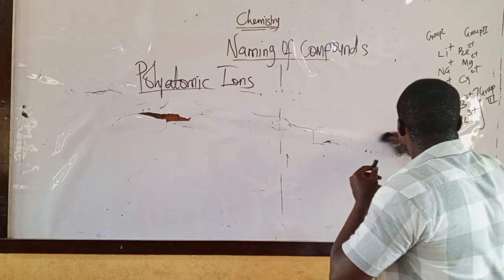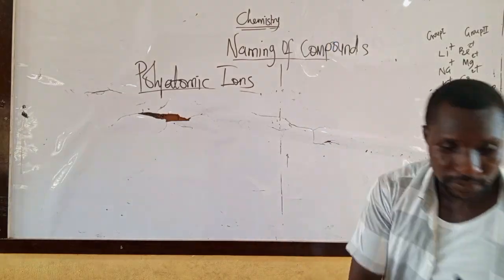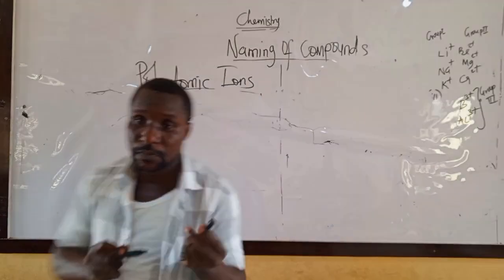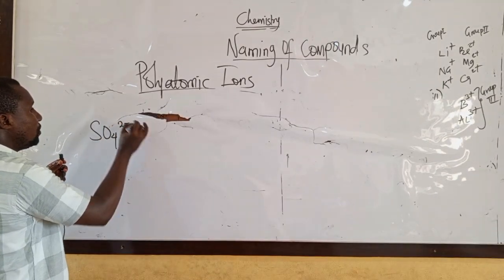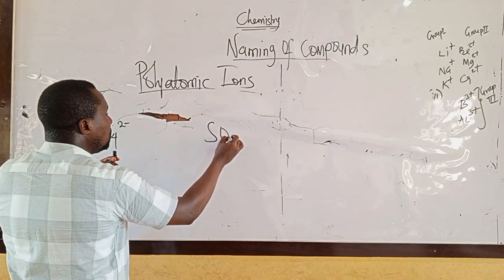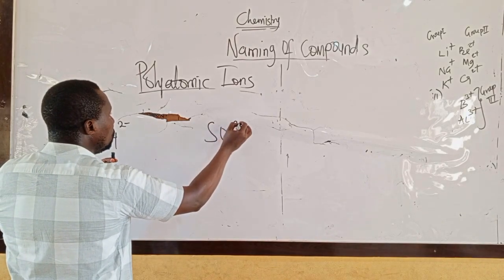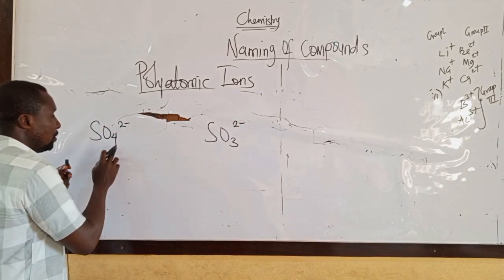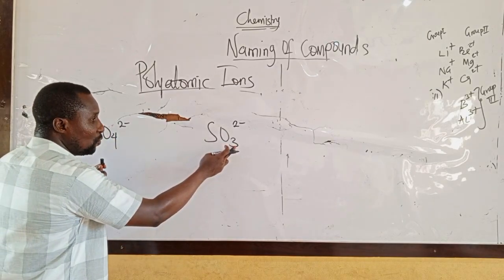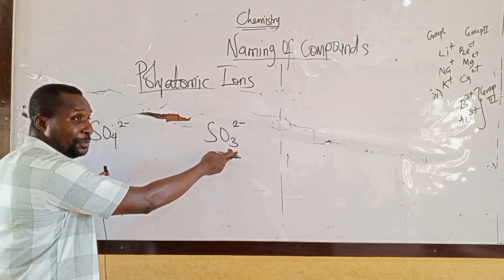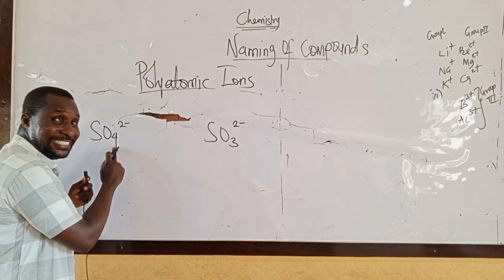When you have, look at this, SO4 2 minus, SO3 2 minus. Which one has more oxygen? This one. This one has one oxygen less than this. This one will be ITE and this one will be ATE.